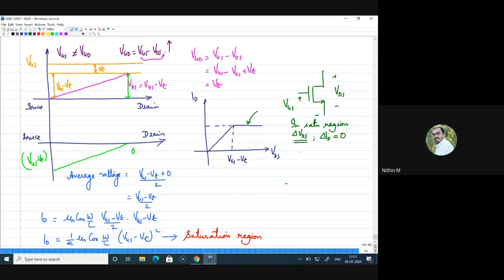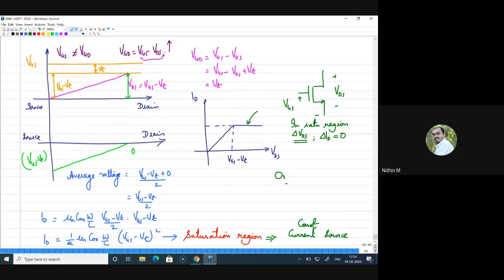So from this characteristic I can say that in saturation region the MOSFET is actually acting as a current source, or to be very precise, a constant current source. And what is the resistance of the current source? Resistance of the current source is infinity.